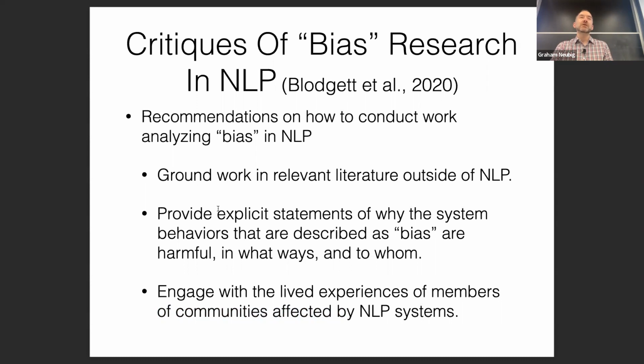Another thing is providing explicit statements of why system behaviors are harmful and in what ways and to whom. Thinking about this will actually guide you to the most important questions in systems and how you can reduce their bias. And even if you're not working in bias, I think this is a really important thing to think about. Recently, NLP conferences often have a required ethics section or a required limitation section.